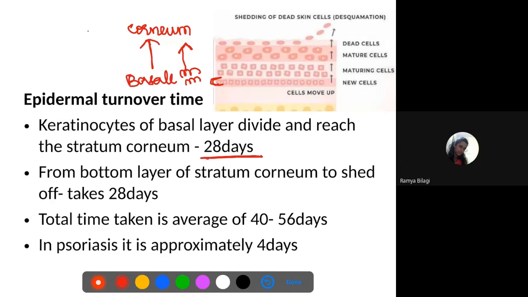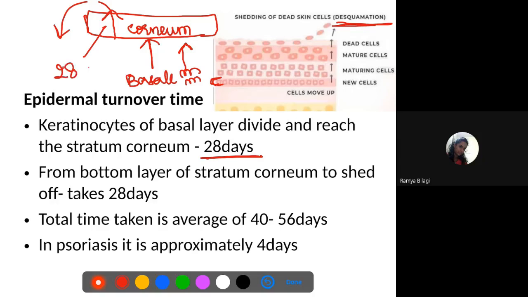And for the cells to traverse the stratum corneum and shed off, they'll desquamate. For that, they'll take another 28 days. So the total time taken for the basal cells to reach the stratum corneum and shed off is approximately 40 to 56 days. Whereas in a condition called psoriasis, this time is reduced to only 4 days. From 40 days, it is reduced to 4 days.